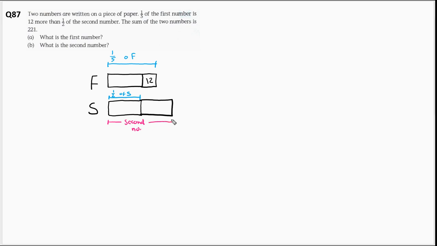So this is the whole of the second number. And I'm also noting, where are the equal parts? This part and this are all equal, aren't they?